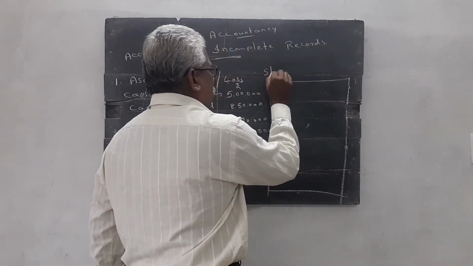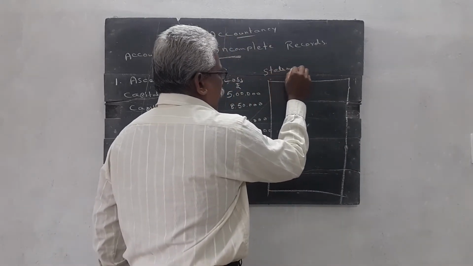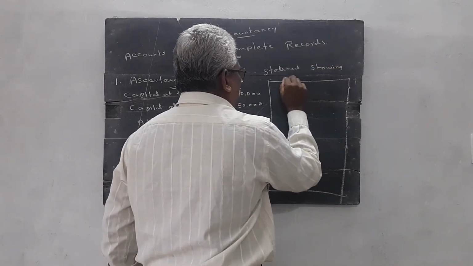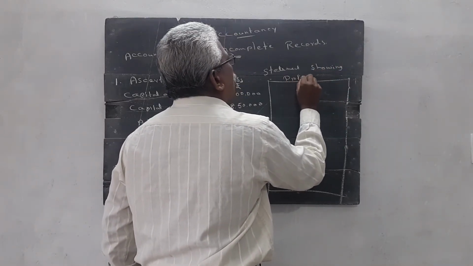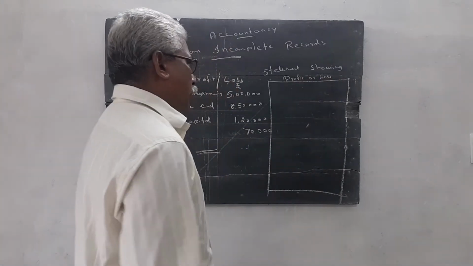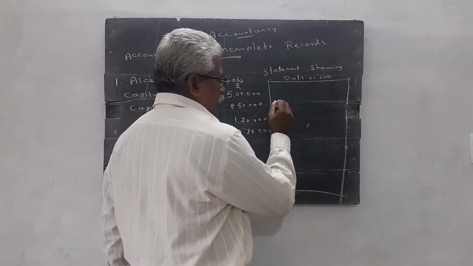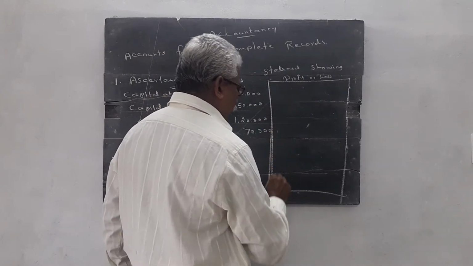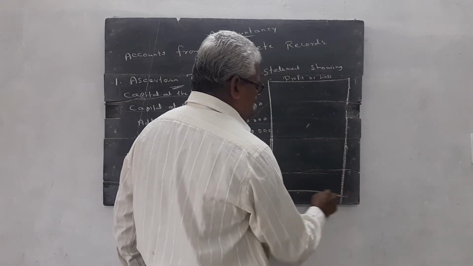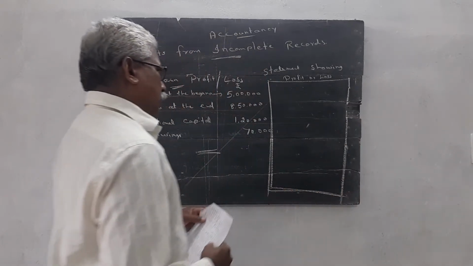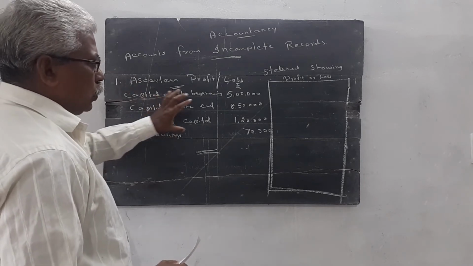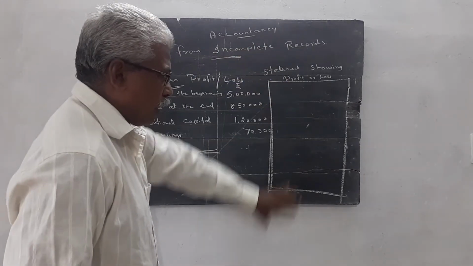Statement showing profit or loss. First you write this heading. Then first you write this formula. This formula is very, very important for doing the next problems also. Next 5 questions are this model question. So try to study this formula.